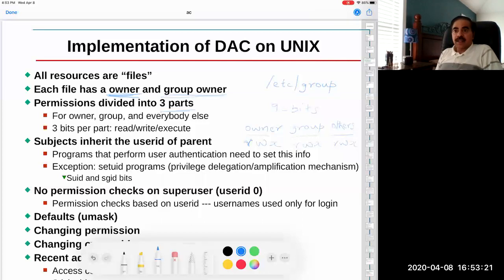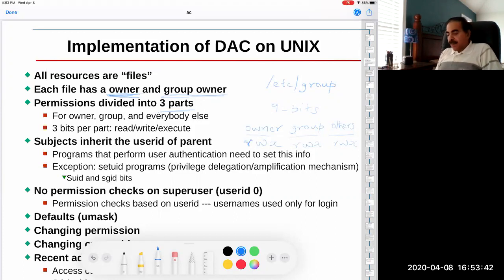For instance, when you run a process on your Linux machine, you become the owner of that process, and you have a set of default groups that you may be associated with. All of those groups are associated with that subject as well.